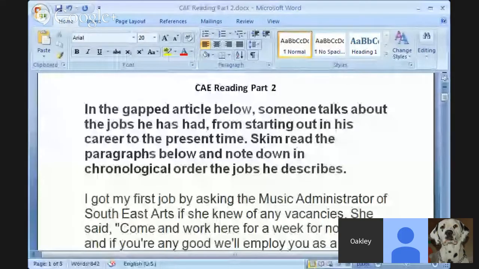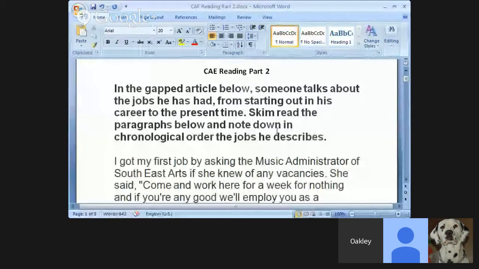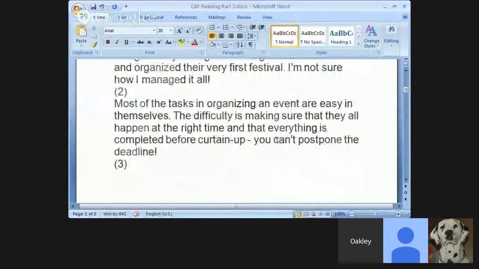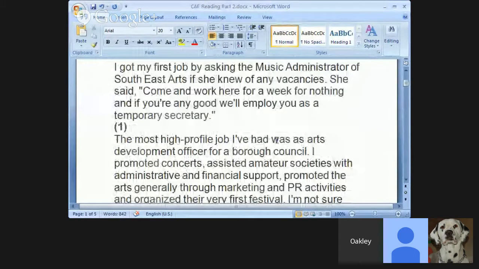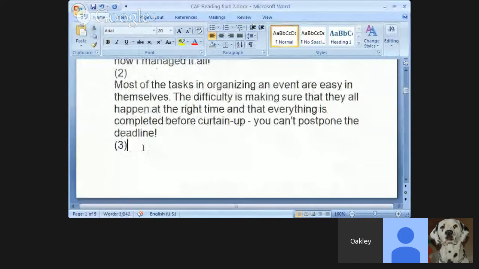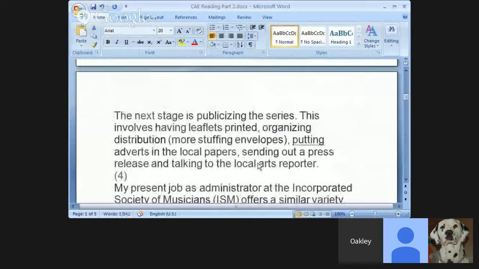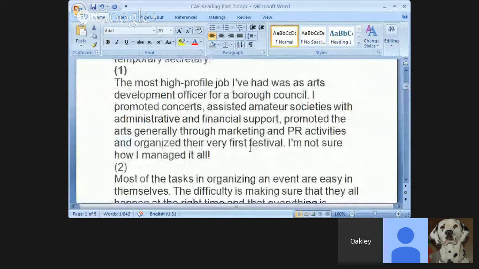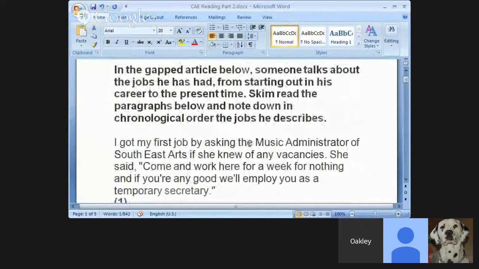One problem I have in showing this to you now, like this, is that we can only look at one paragraph at a time. So when we go back and forth with the gapped paragraph, 1, 2, 3, I'm going to have to scroll up and down, and it's kind of a pain in the neck. It's going to take a little extra time, whereas you can skim up and down if you have the document.